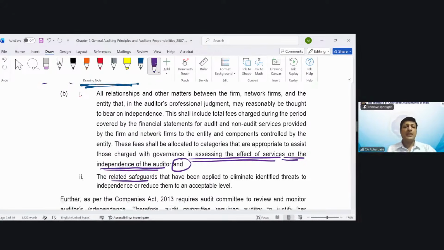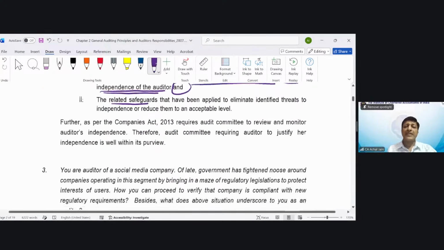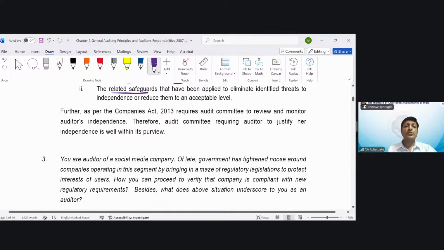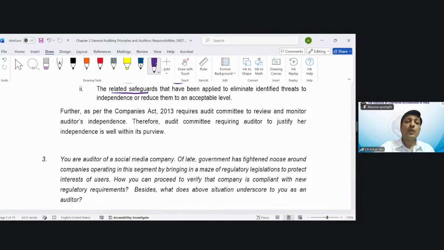Further, as per the Companies Act, there's also a requirement on the part of the audit committee to review and monitor the auditor's independence.